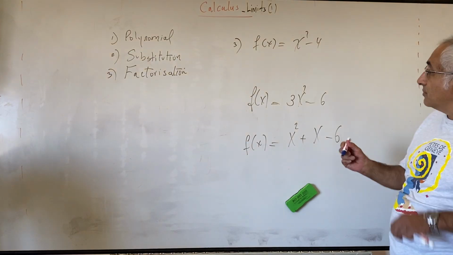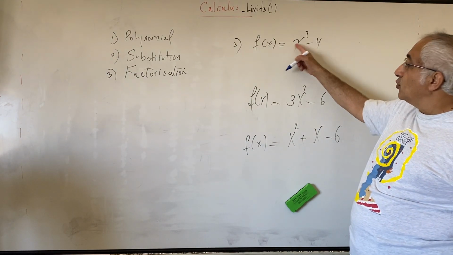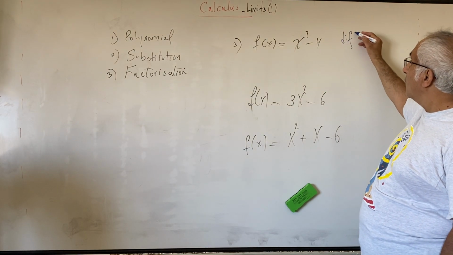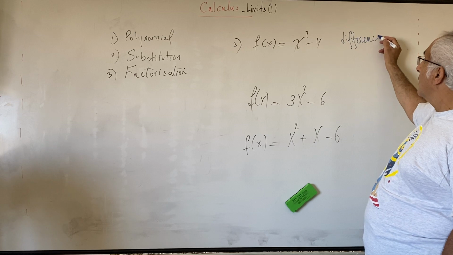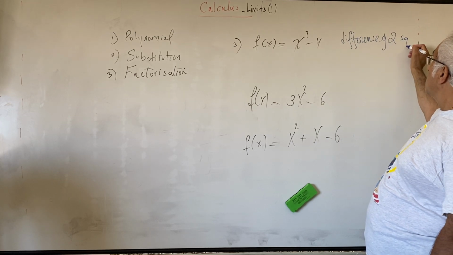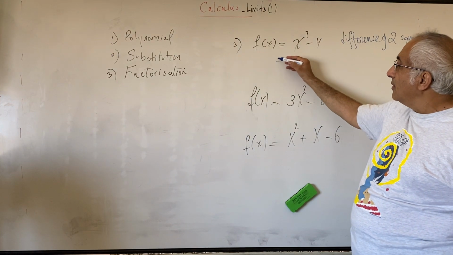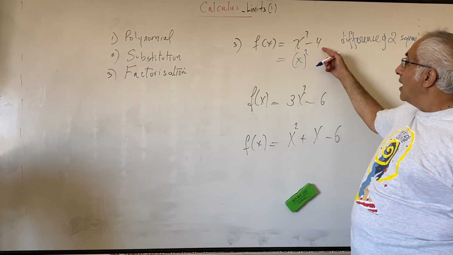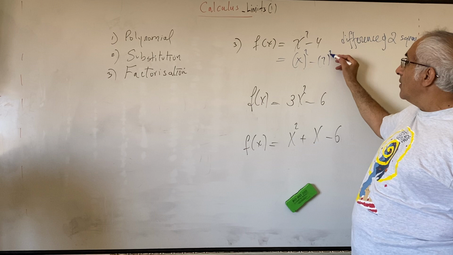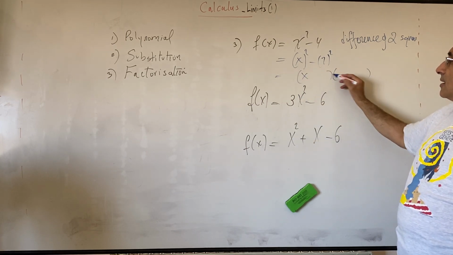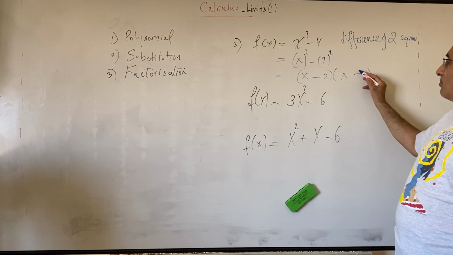Just a quick refresh. This, you can see, is 2 perfect squares. There's a minus between them, and the formula for that is called the difference of 2 squares. So what is the square root of x squared? x, all squared, and the 4 is 2 squared. Then the factorization of that: you open 2 brackets, and one of them is minus 2, one is plus 2.